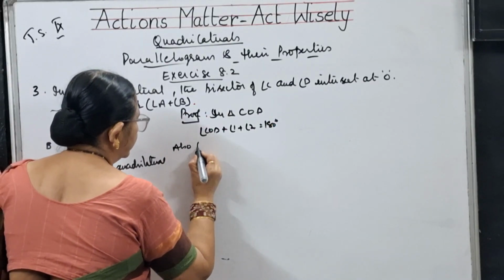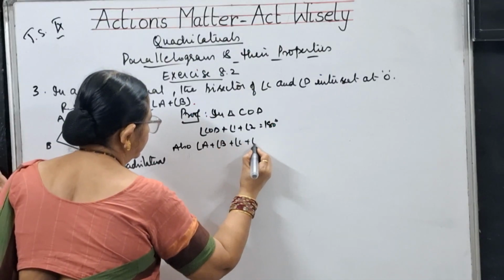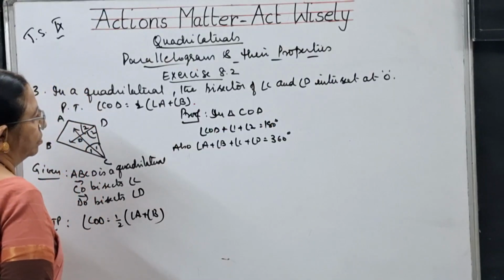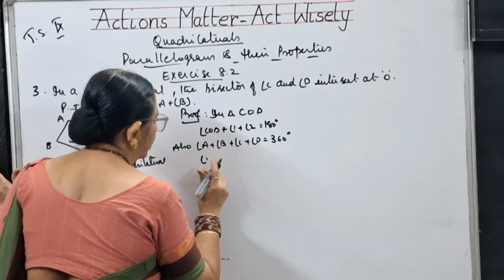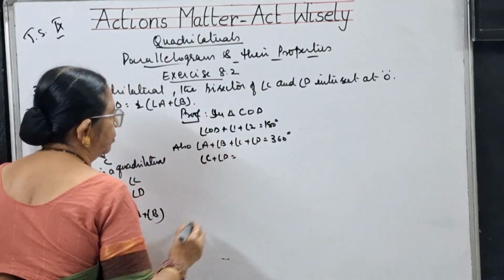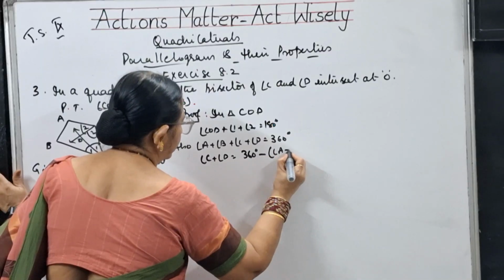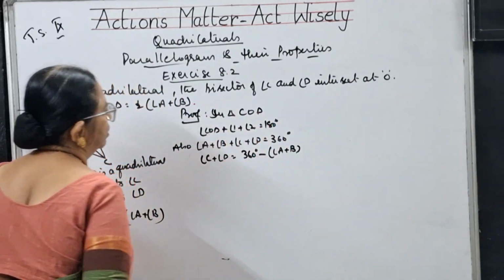Let us take also angle A plus angle B plus angle C plus angle D is 360 degrees, you know. That means angle C plus angle D is equal to 360 degrees minus of angle A plus angle B. I brought this angle A plus angle B this side.